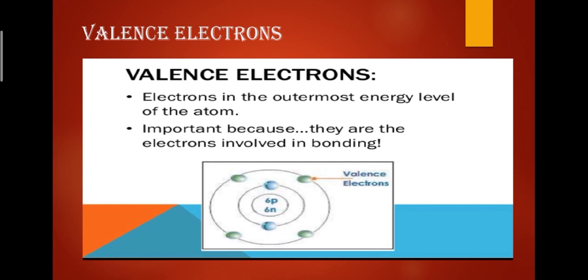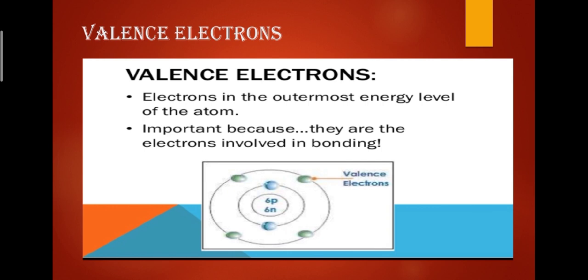So every element tries to achieve an octet or duplet configuration by either accepting, gaining or donating, losing electrons in the valence shell, to become a stable atom. Valence electrons are the ones which take part in chemical reactions and result in the formation of different molecules or compounds. Valency of an element is always a whole number, and these are important because they are involved in chemical bonding.